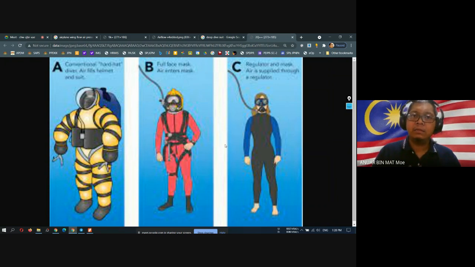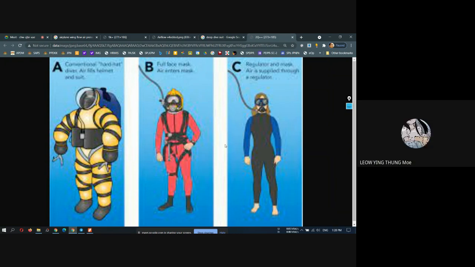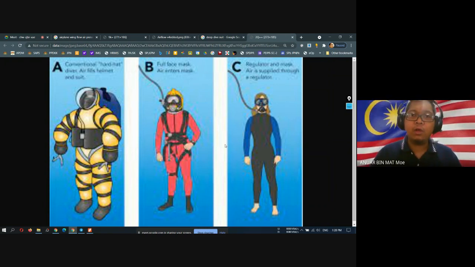Air, because inside our lung is filled with air. If you go down deep in the ocean, the higher the pressure as you go deeper, the liquid pressure will try to crush our lung. That's why you need to wear a special suit.